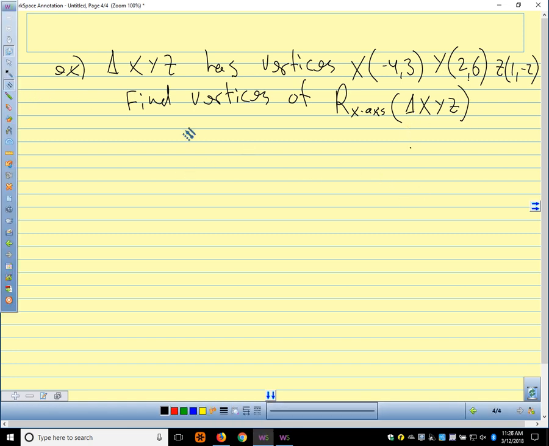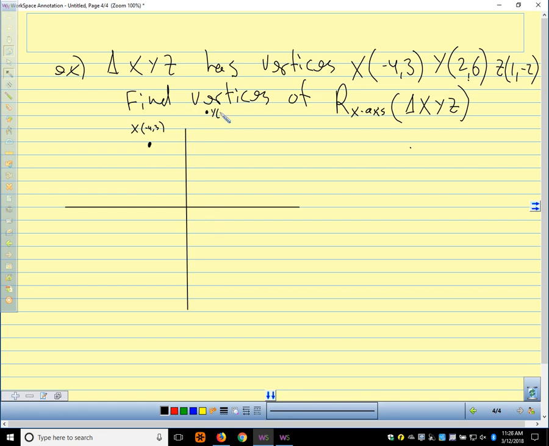So let's draw a picture. So X is at -4, 3. Y is at 2, 6. And Z is at 1, -2.